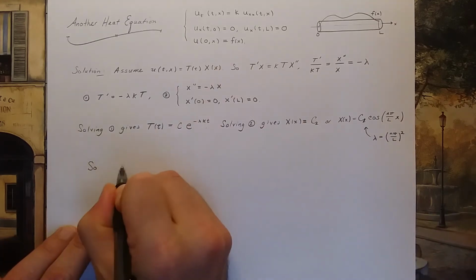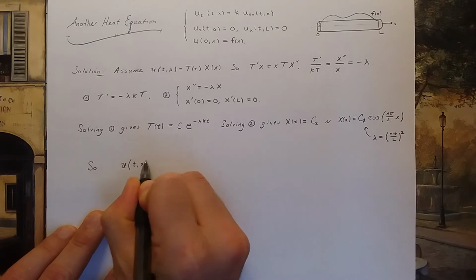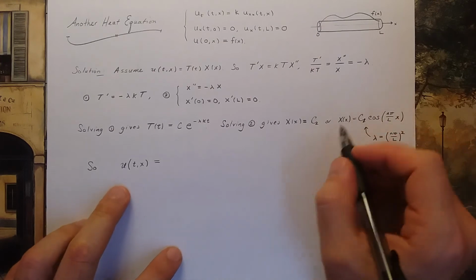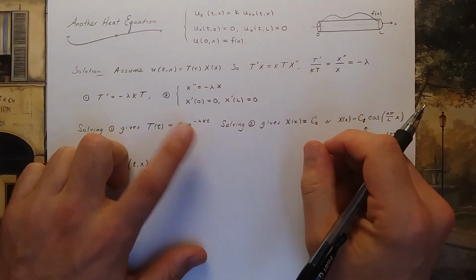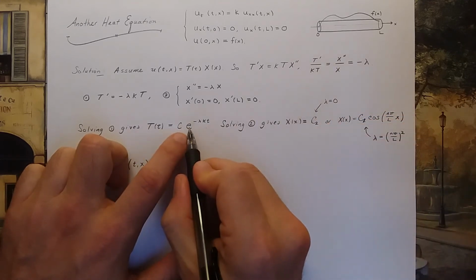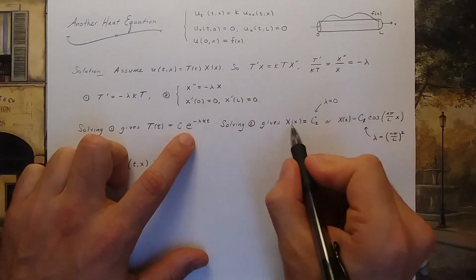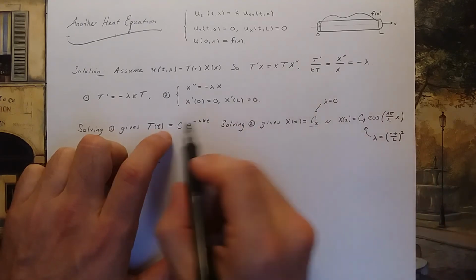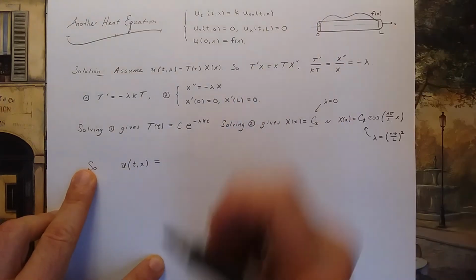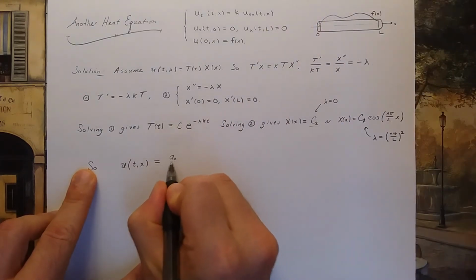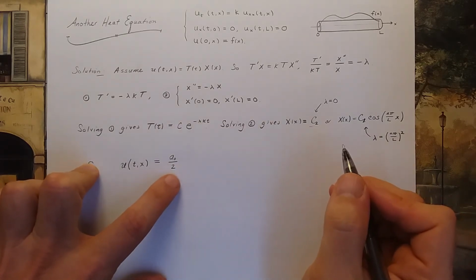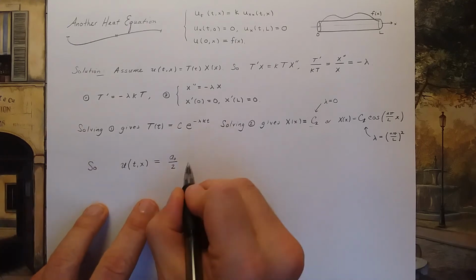So I have my u of t, x is equal to, now I'm going to separate the constant solution from the rest. I have a constant times, this was the case when lambda was 0, times e to the 0 power. So this constant solution was when I had lambda 0, so e to the 0 is 1, meaning I just get a constant solution here. I'm going to write it as a0 over 2, just to be reminiscent of our days when we thought about the Fourier series.